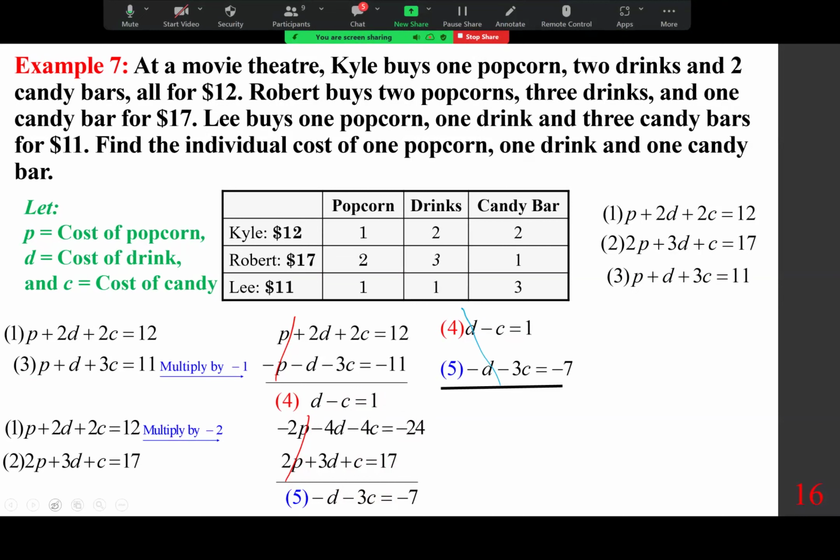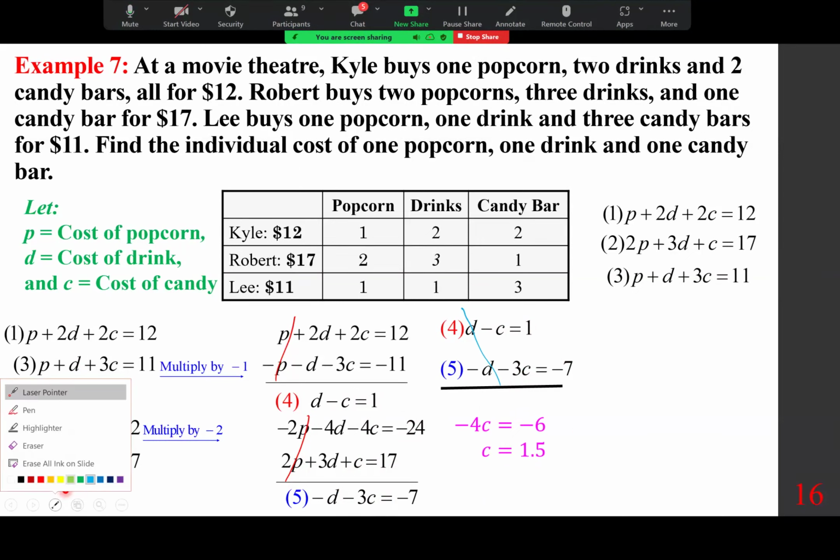These two cancel each other. These two add up to -4c. These two add up to -6. Divide by -4, and c becomes 1.5. If you divide both sides by -4, you see that. So c is 1.5.